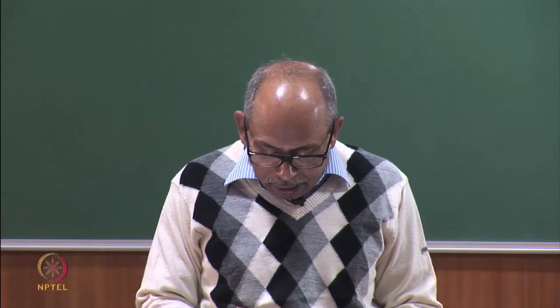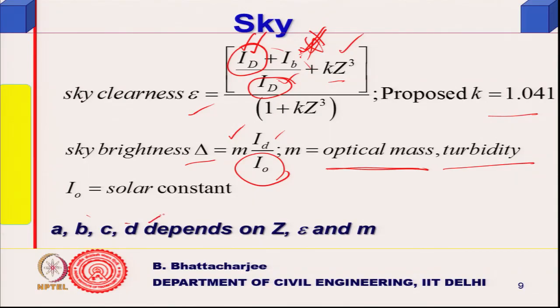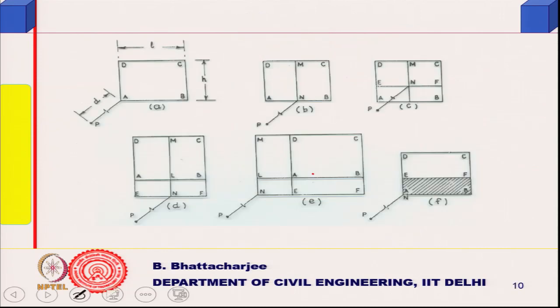And A, B, C, D, E of the clear sky model that we talked about earlier depend on epsilon and m and also on the zenith angle, and they have given some empirical curves or formulas related to this. So, that is what the Perez model is.